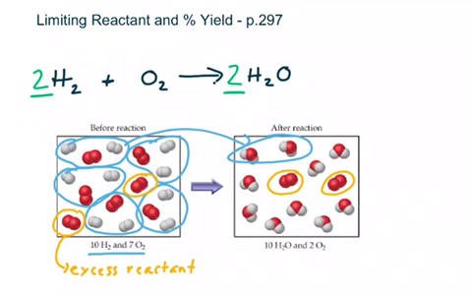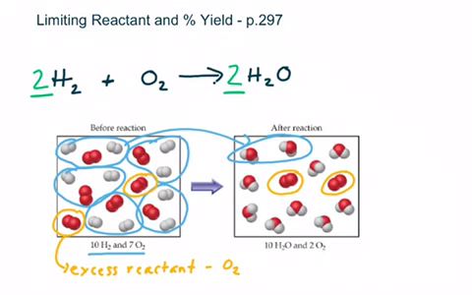Okay, so in this case we would say that the excess reactant is oxygen, because it's what was left over or not used up completely in the reaction. So if oxygen is the excess reactant, then we may ask, well, what about hydrogen?